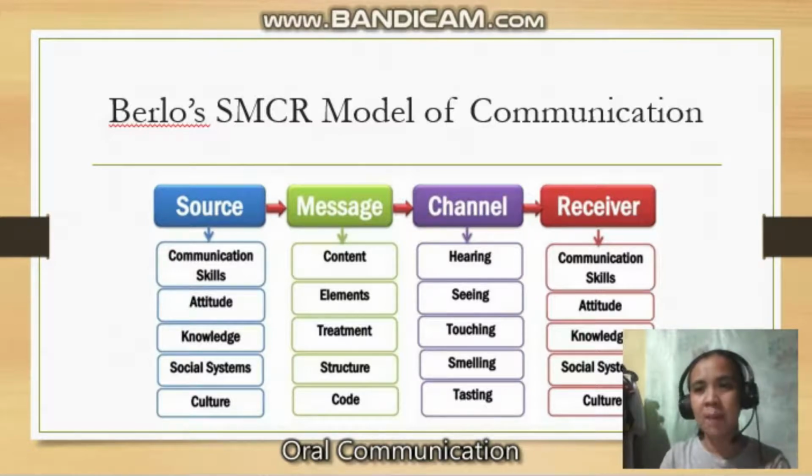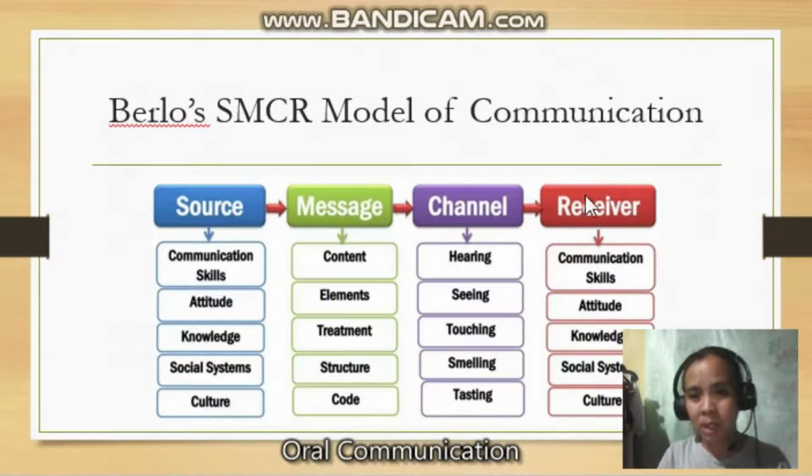For the sender we still have to consider some related factors. First is the communication skills, which definitely affect the communication process. If the sender has good communication skills, then the message will be communicated better than if the person does not have good communication skills.